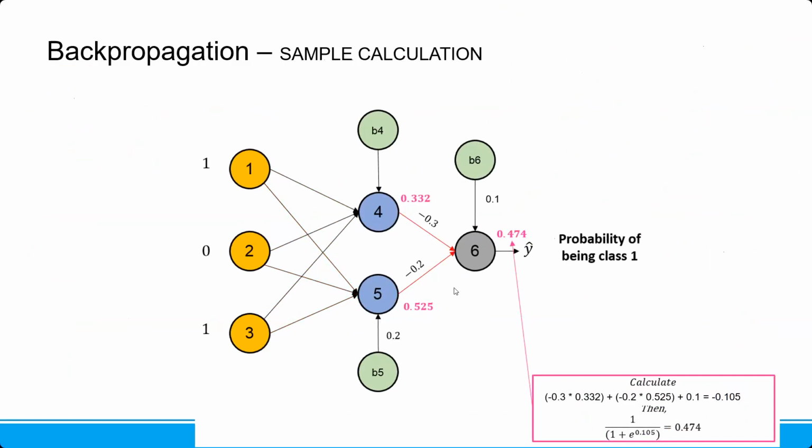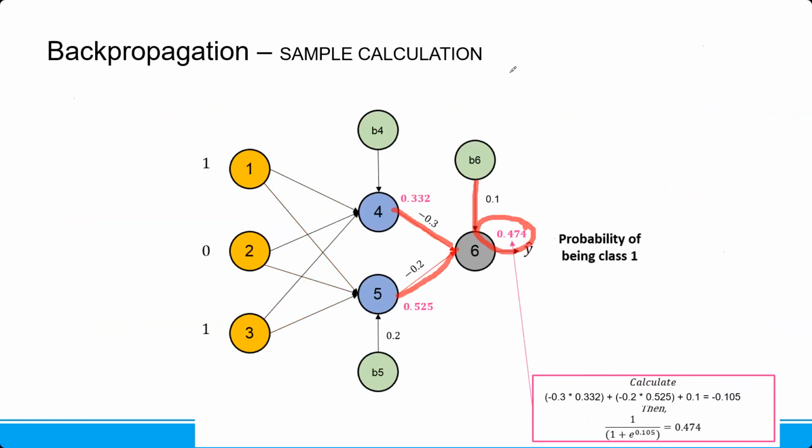Now we can calculate the next layer. How can we calculate this one? The output layer, node 6, is from node 4 and then node 5, and then we have the bias.